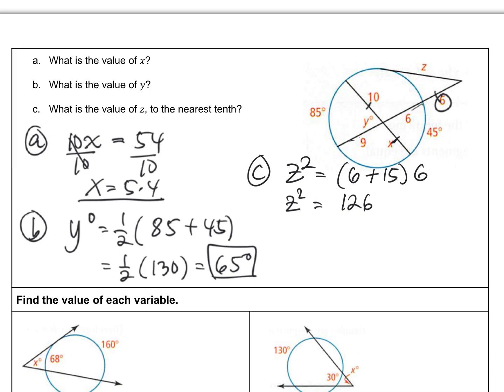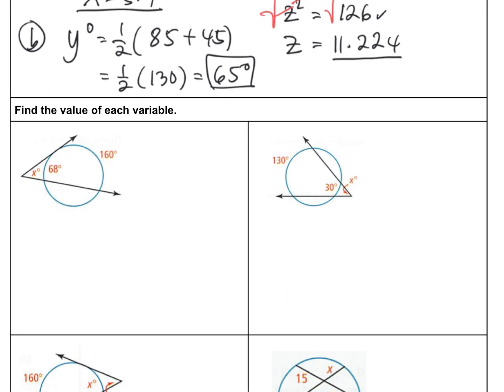Then we're going to get the square root of both sides, so that's going to give you z is equal to the square root of 126, which is around 11.224. Okay, so for me to recheck simply is just, if I'm going to square this one, then I'm going to get that number. As easy as that.